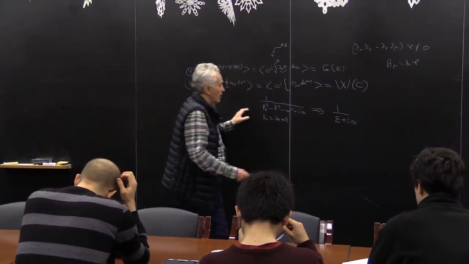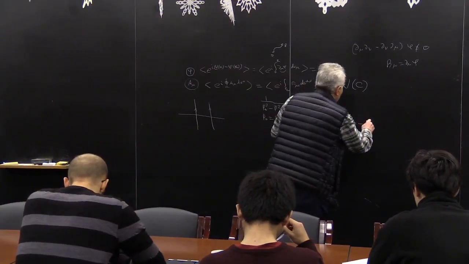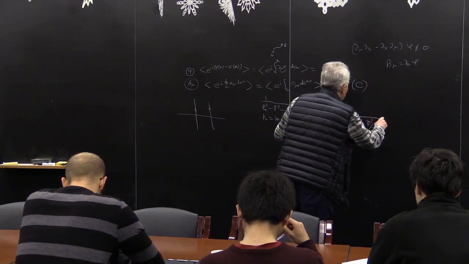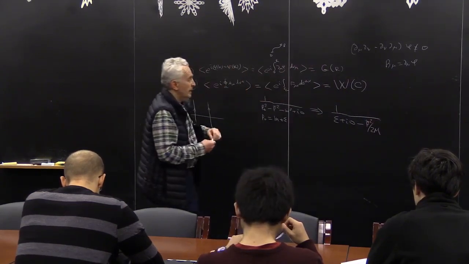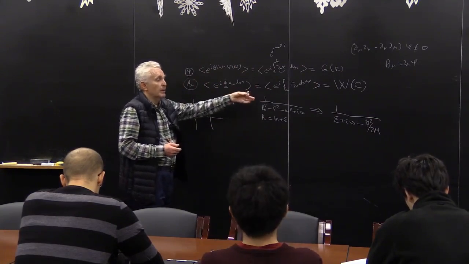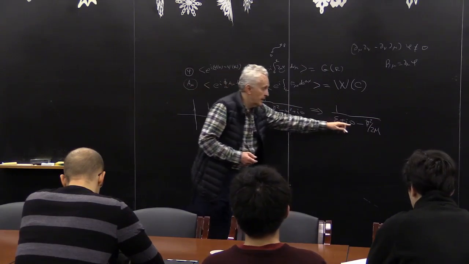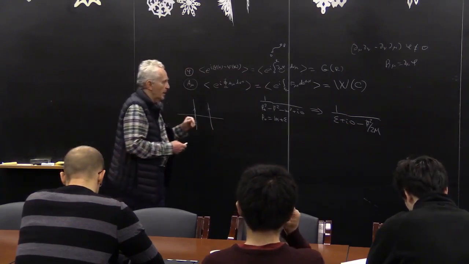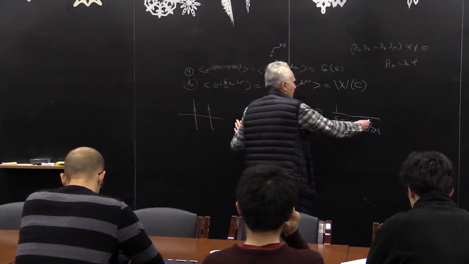If you keep one more term, you get the term p squared divided by 2m, and that would be a non-relativistic but quantum particle, which propagates according to quantum mechanics.